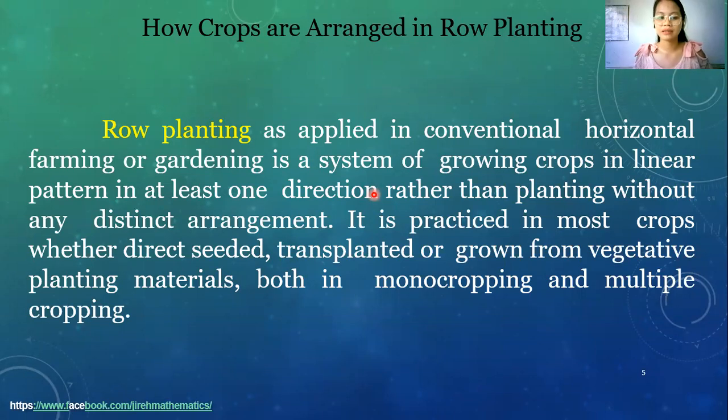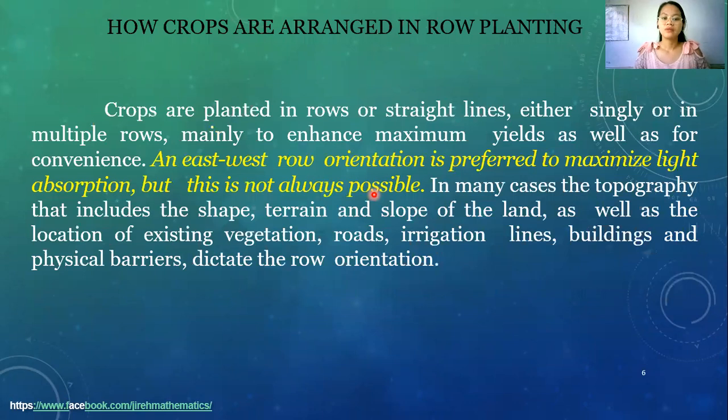It is practiced in most crops that are direct seeded, transplanted, or grown from vegetative planting materials, both in monocropping and multiple cropping. Crops are planted in rows or straight lines, either singly or in multiple rows, mainly to enhance maximum yields as well as for convenience.